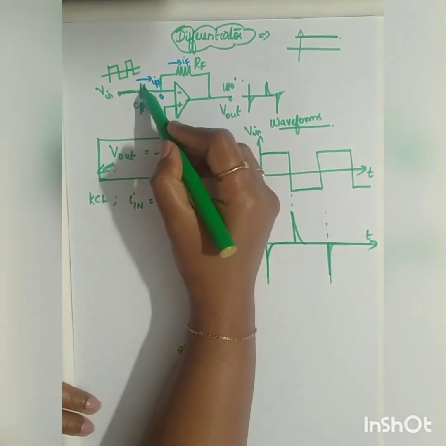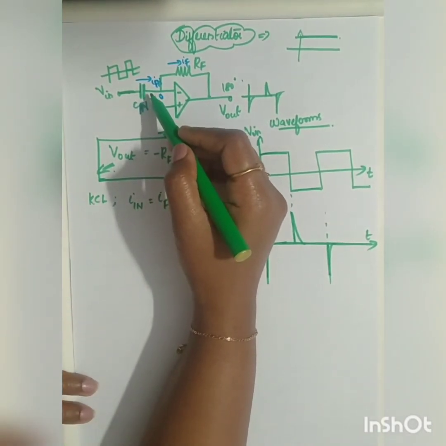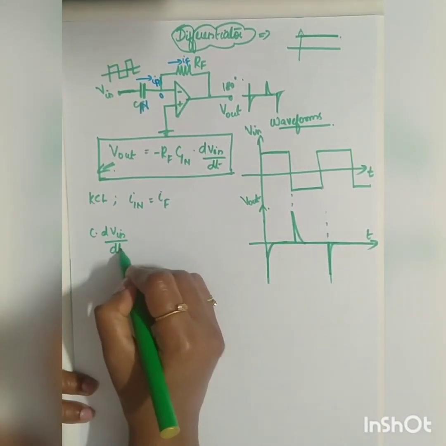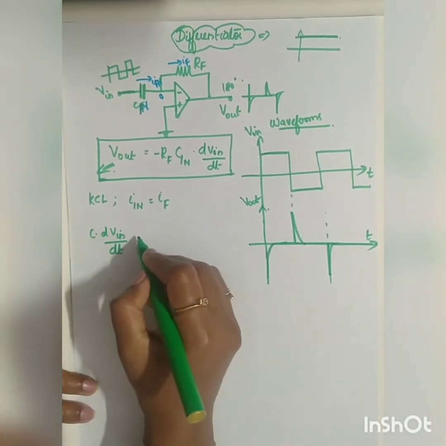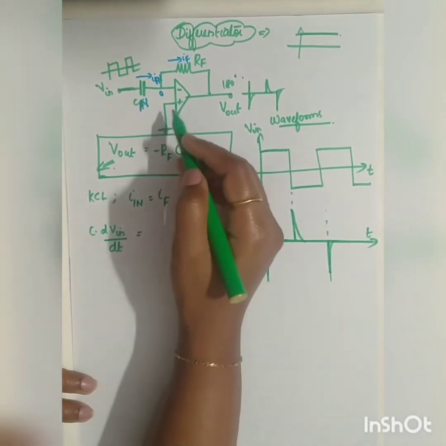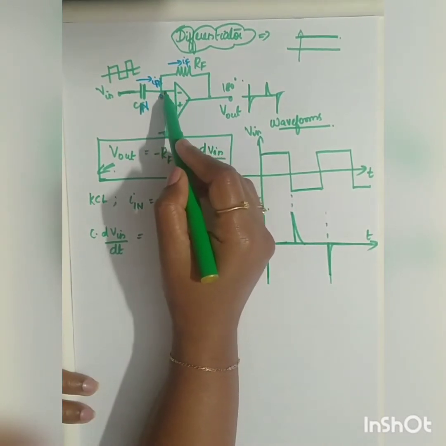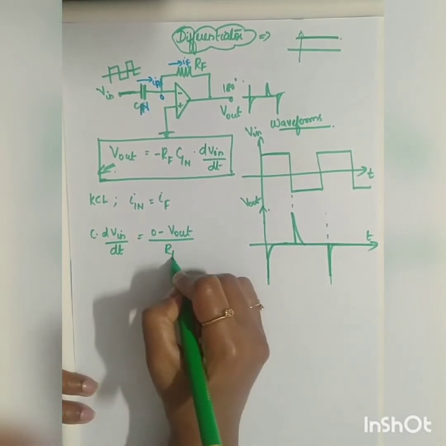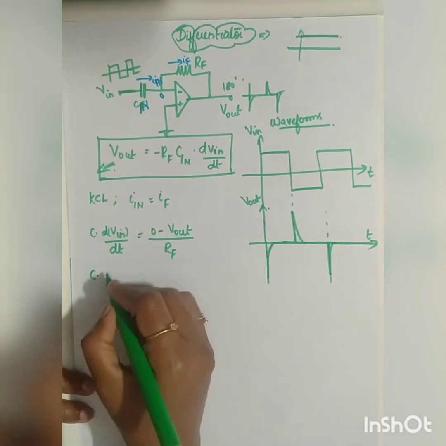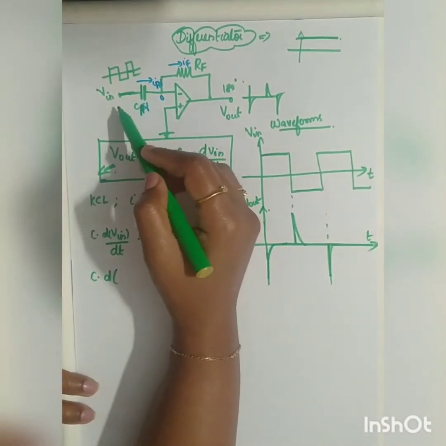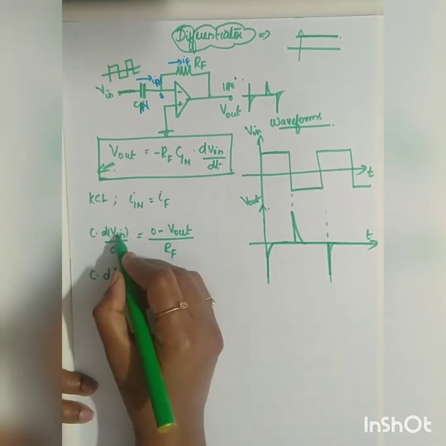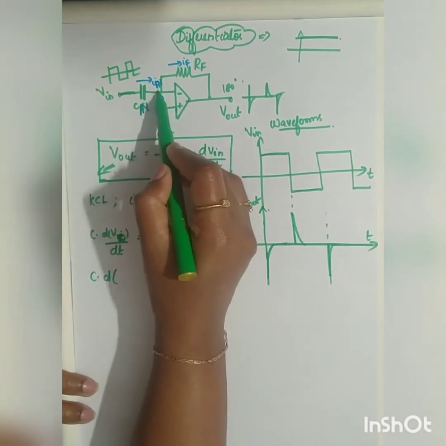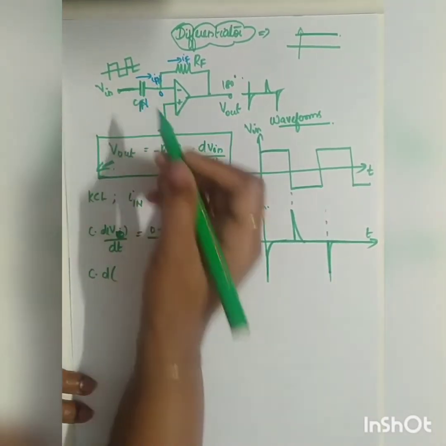In this case, I in is nothing but the current flowing across your capacitor. So the current is C into dV in divided by dt. This is equal to IF, which is the potential 0 minus V out divided by RF. Now we substitute the value for V in, which is VC, the voltage across your capacitor. VC is equal to V in minus 0 because the current direction is this way.